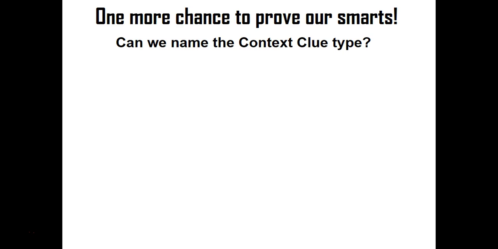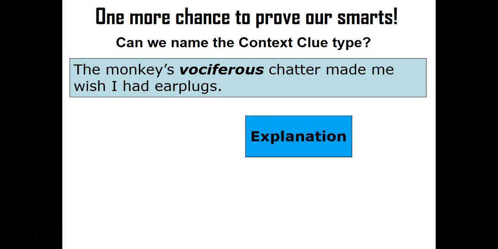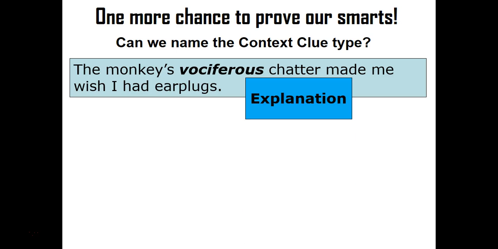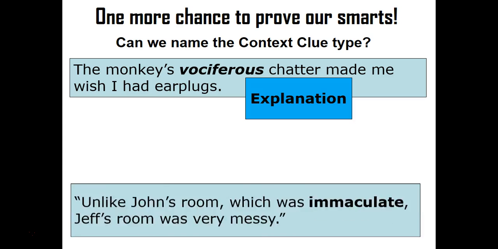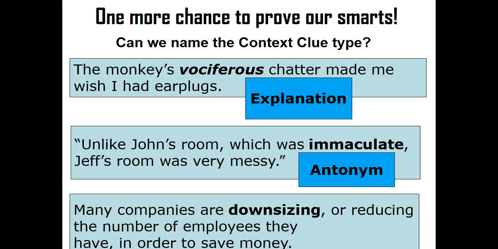One more chance to prove our smarts. All right, can we name the context clue type? The monkey's ferocious chatter made me wish I had earplugs. Explanation is correct. All right, what kind of context clue are they using this time? Unlike John's room, which was immaculate, Jeff's room was very messy. If you chose antonym, you are correct.